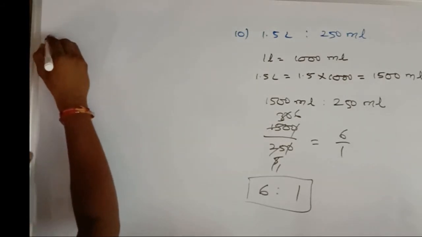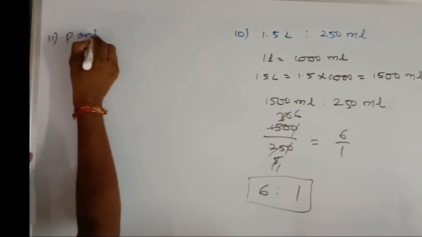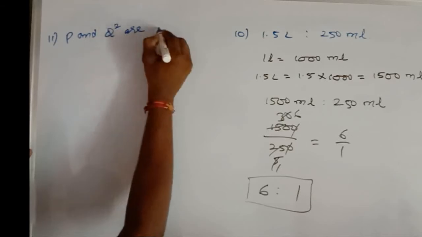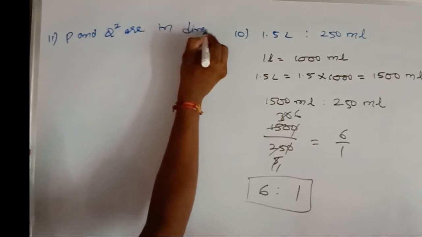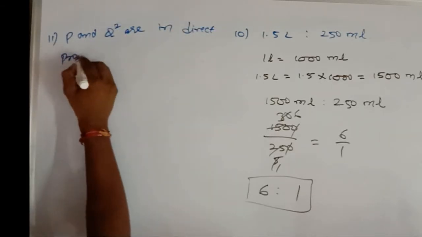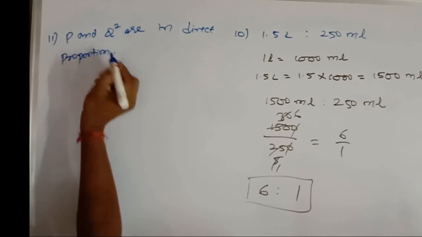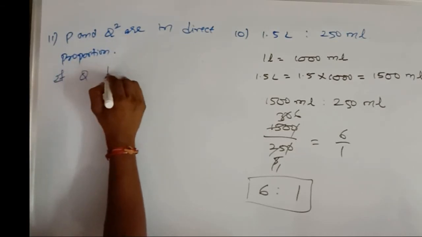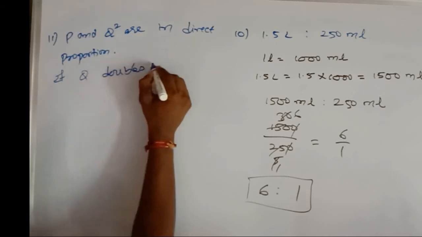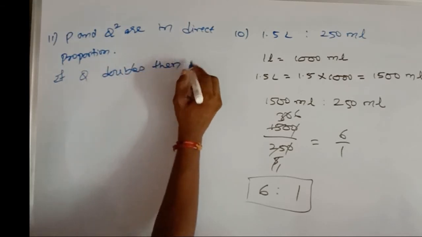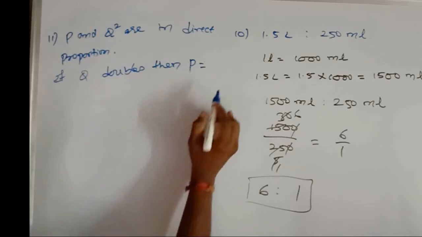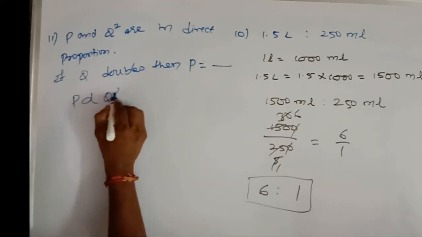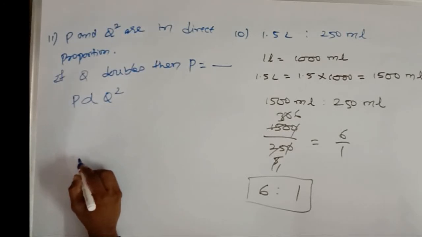So here P and Q are in direct proportion. The condition is, if Q doubles, Q becomes double, then I need to calculate P. Here P is directly proportional to Q square.